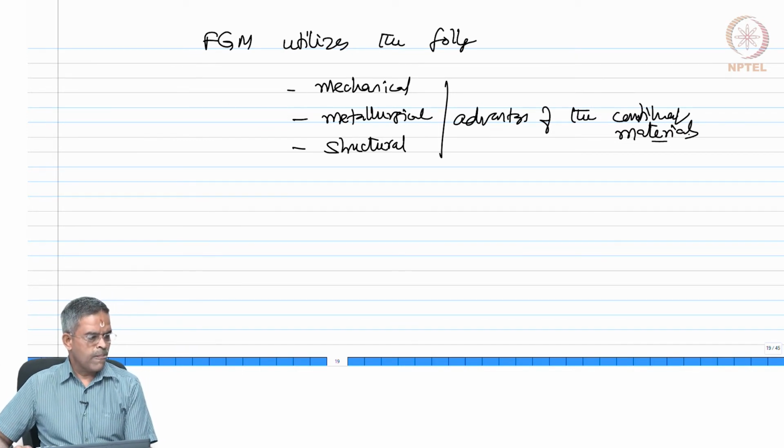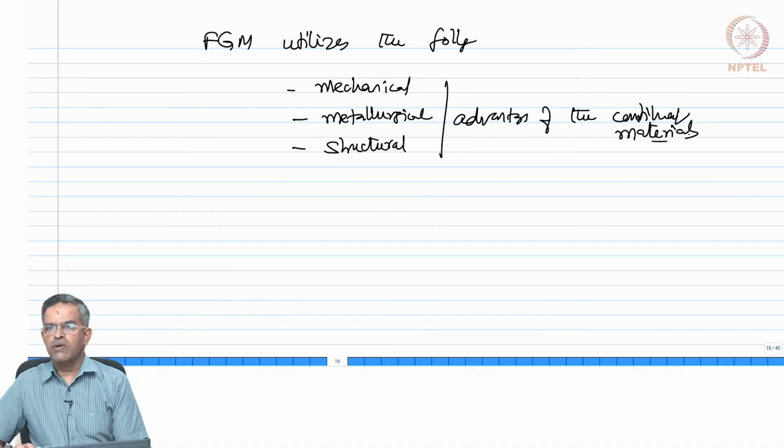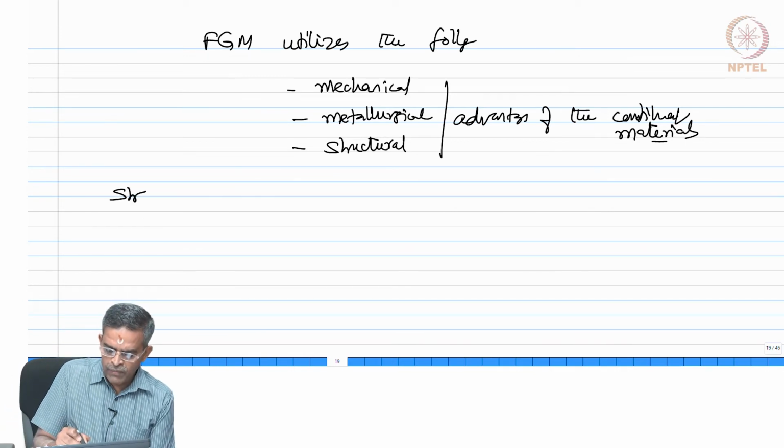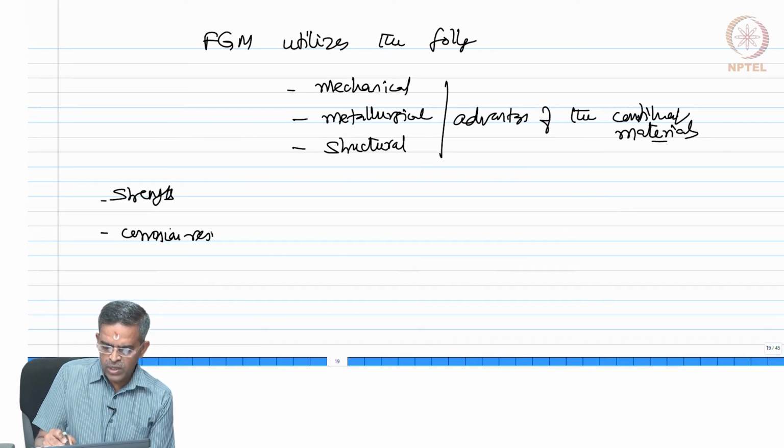Let us see what are those possible constituent materials which can suit our functional requirement. What is our functional requirement? Our functional requirements are strength and corrosion resistance. That is what we are looking at this moment as an example.